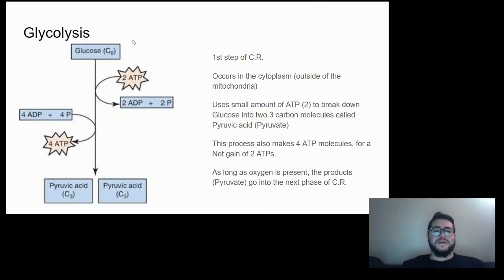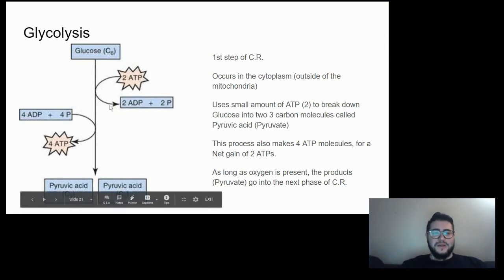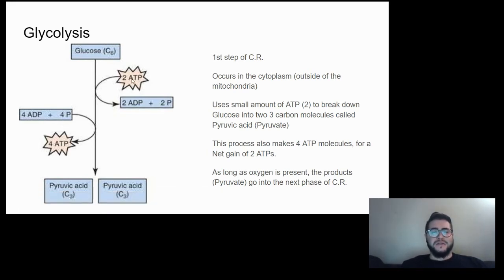The first step of cellular respiration is glycolysis. The whole point of glycolysis is to start the process of breaking down glucose. So if you follow this diagram just down, glycolysis requires you to put in a little bit of ATP, right? So it needs two ATP molecules.